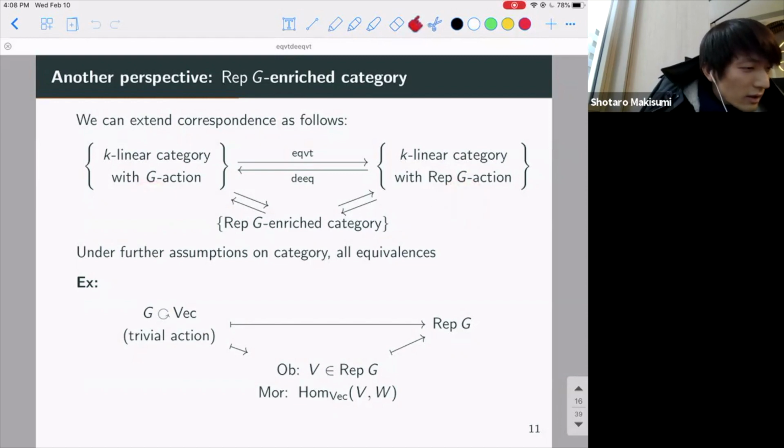Is that what you mean? Yeah, that's right. And so now I'm asking, what if G is the Lie algebra? Just replace capital G with fraktur g in this whole statement. So a k-linear category with a Rep little g action, is this like sheaves over some kind of stack?